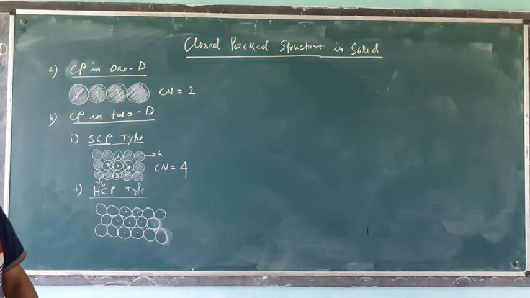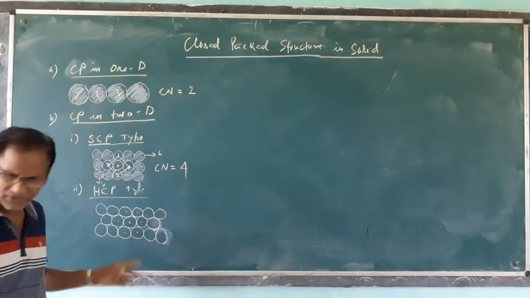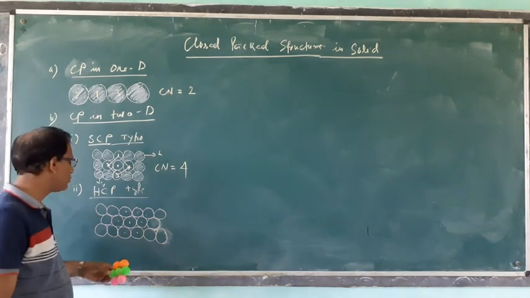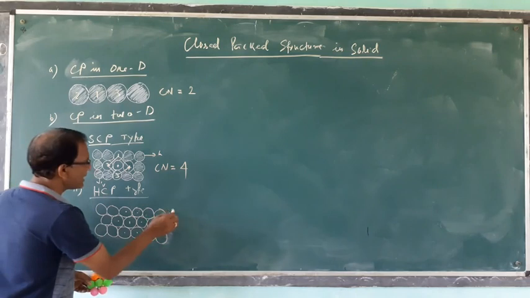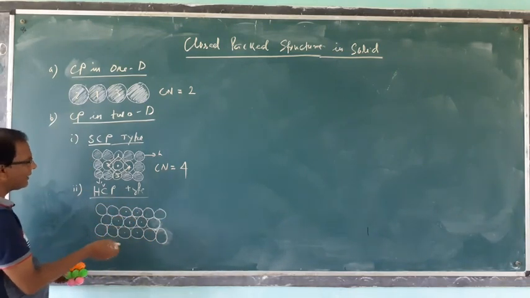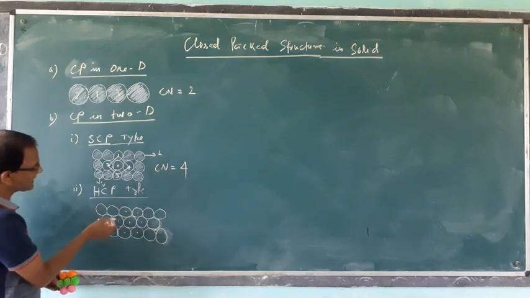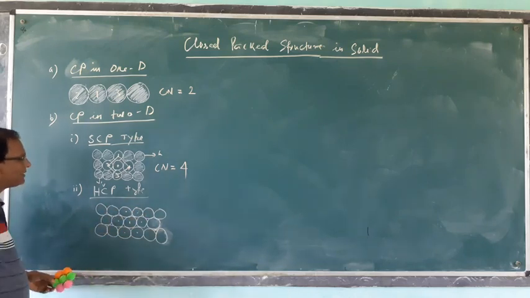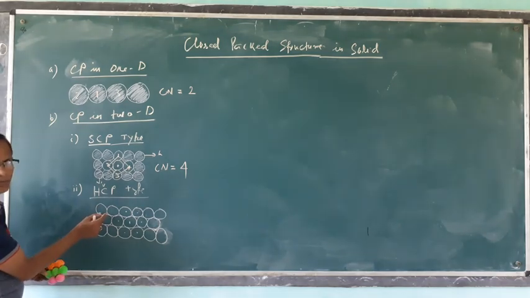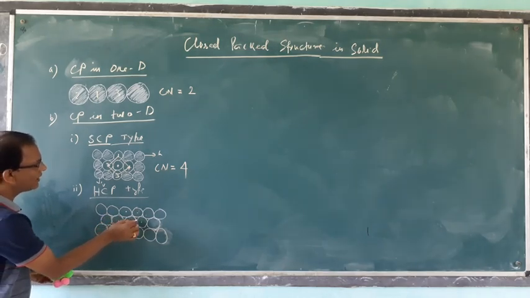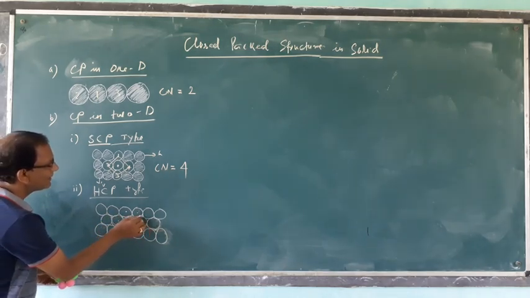Then come to your hexagonal close packing. How will it form? The first layer is formed. In the first line, the second line will be formed just at the depression of two spheres.